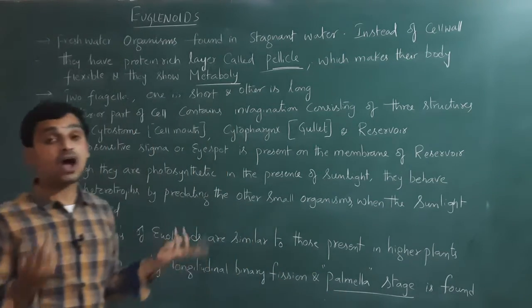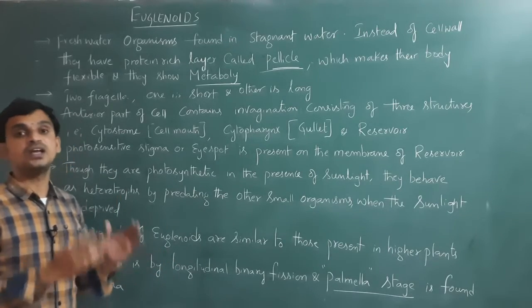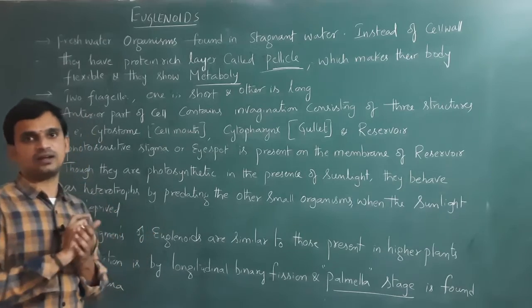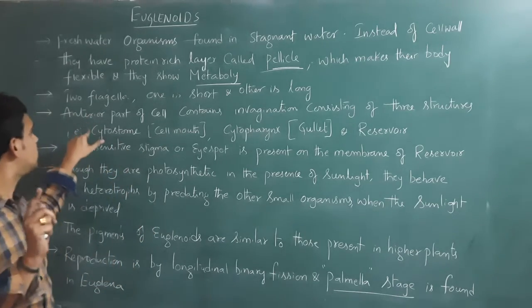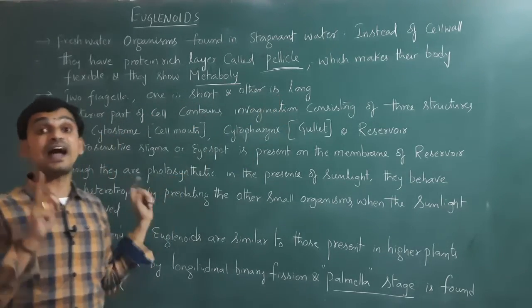So, what is this palmella stage? During unfavorable conditions, the euglenoids first throw off their flagella. Euglenoids usually contain two flagella, one short and one long.